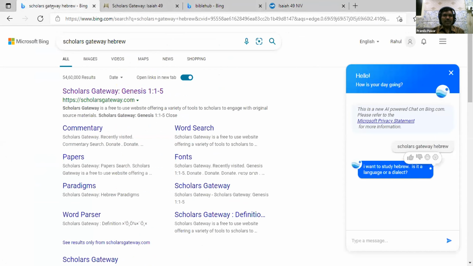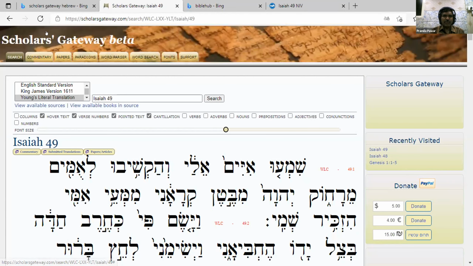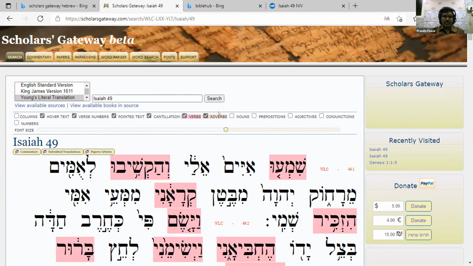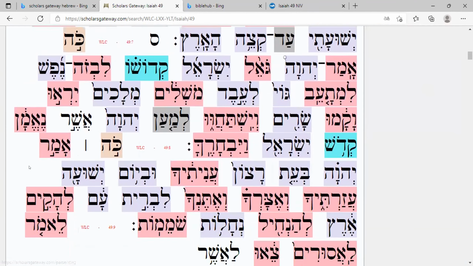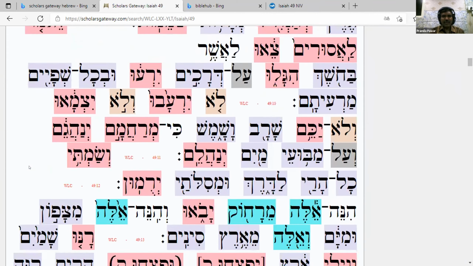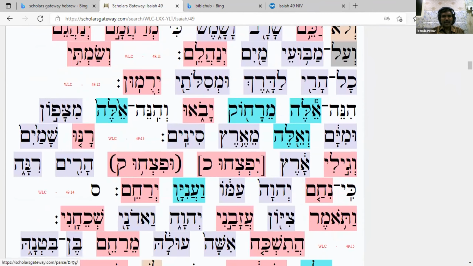Now here, in Hebrew, we'll try to read. Can you see this Hebrew script? Chapter 49 and verse 15. Next time, for examples I'm going to make everybody read. So come prepared.